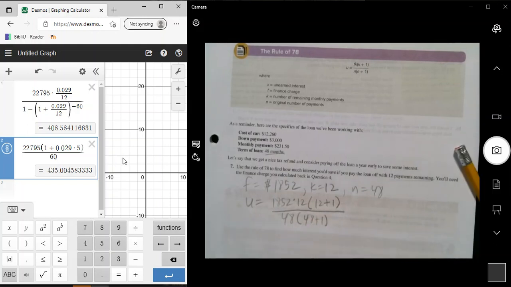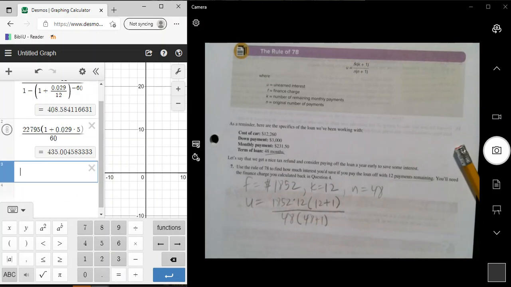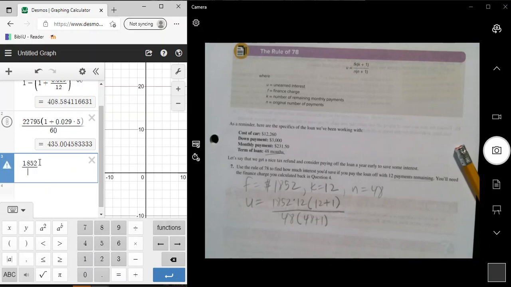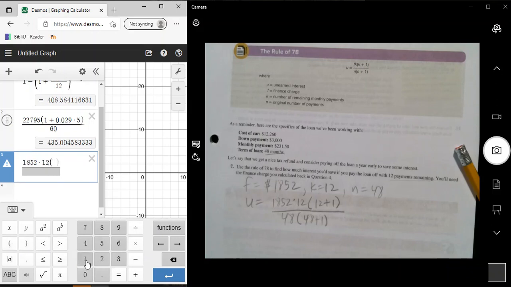Now we can put all of this in our calculator. So we have 1852 times 12, in parentheses 12 plus 1.